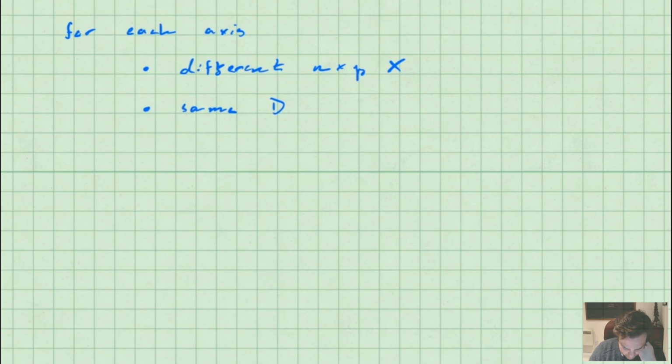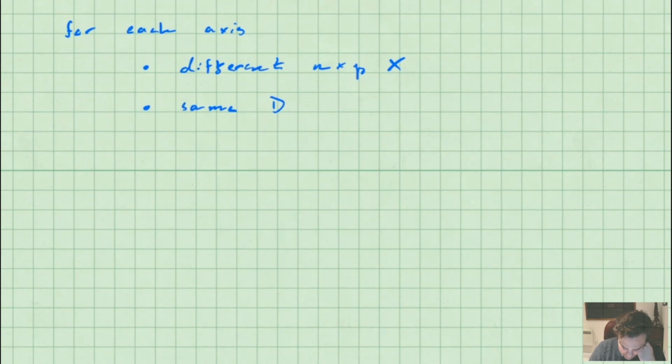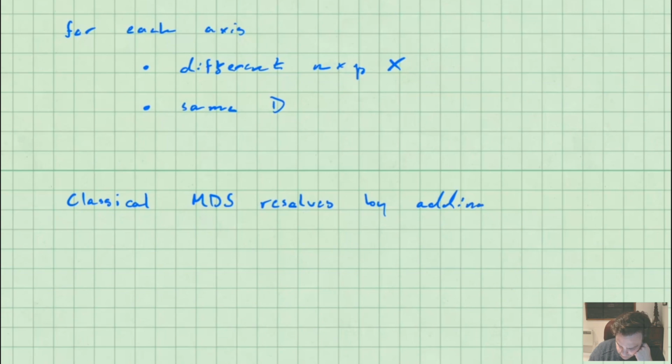And so here's what classical multidimensional scaling does. Classical MDS resolves this problem by adding some constraints. Right, and here are the constraints.